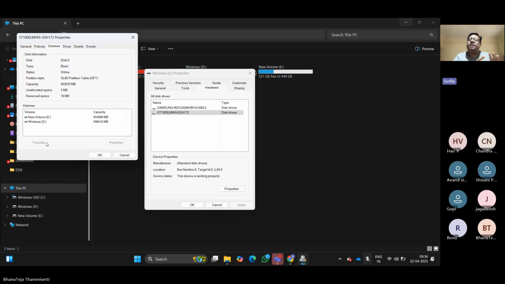Similarly, in that entire physical drive, you can logically cut it into various segments, and each segment is called a partition. Here in Bhanu's laptop, two partitions have been created out of this single hard disk: one is called E drive, one is called D drive. And you are able to clearly see the size of each partition also.